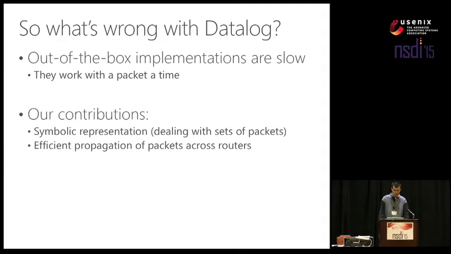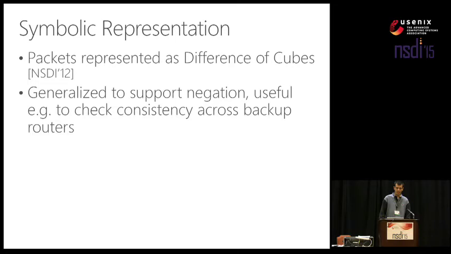In terms of representation, we use what we call difference of cubes, which was used in HSA already, but we generalize it to a more general setting. For example, we support negation, which is necessary, for example, to check consistency across backup routers or load balancers, which HSA cannot do.